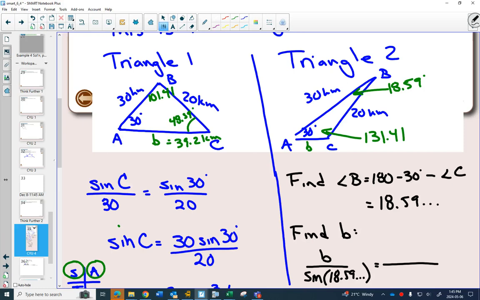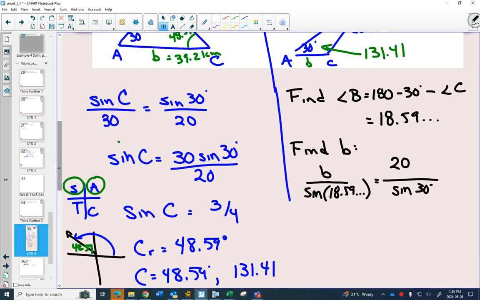And again, I would use the 20 and the sine 30 because they were given to us. So b is going to be 20.